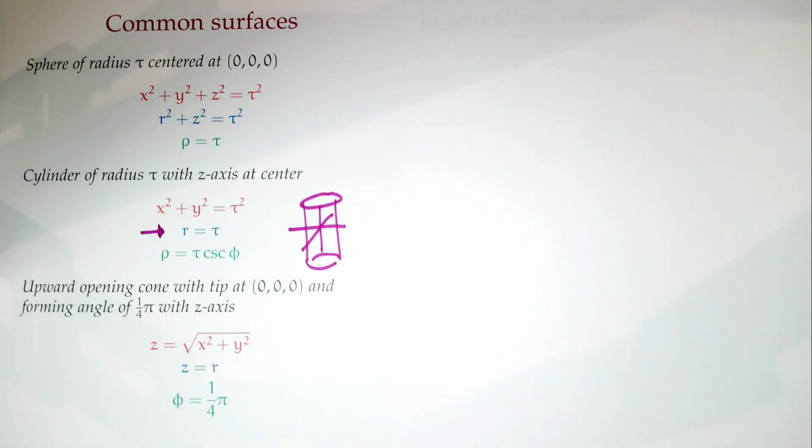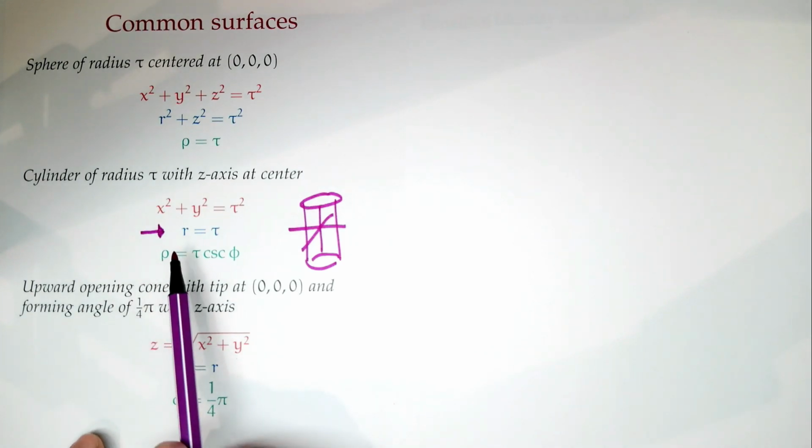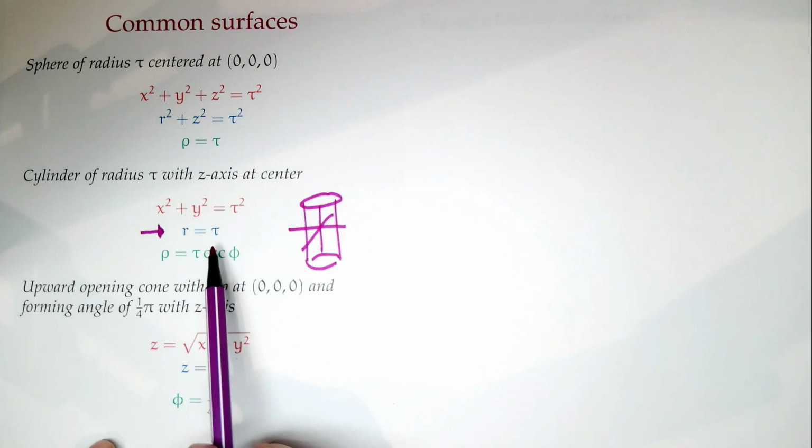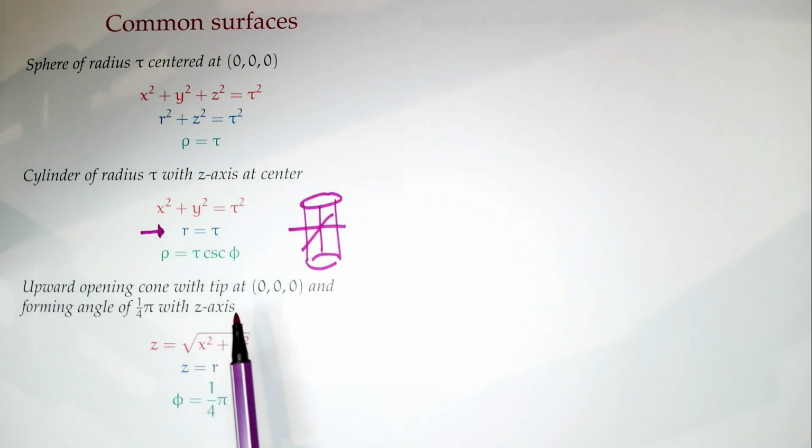By the way, if I just pointed to this and I said, what coordinate system is this? Could you figure it out if I just said, hey, what coordinate system am I in if I say r equals tau? And I'm in 3D, I guess I should add that in. You look at what variables are being used.